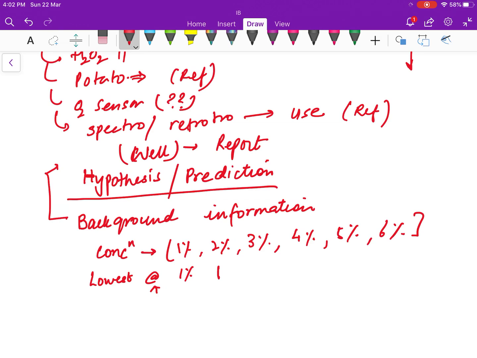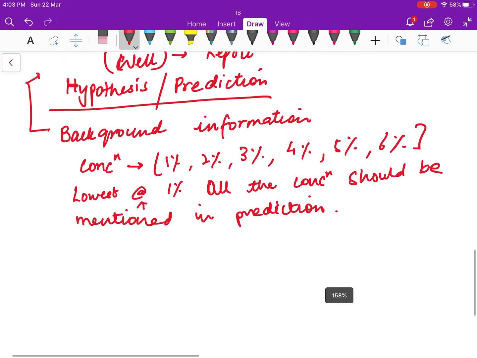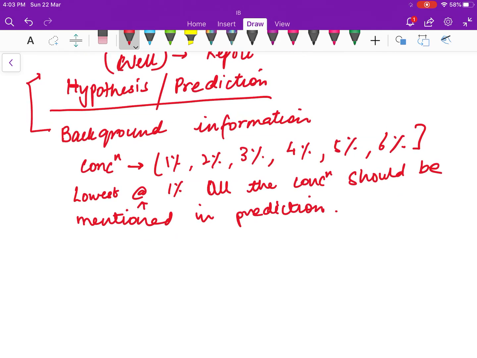So all the concentrations should be mentioned in the prediction, not only high and low. And this concentration prediction is only based on the information you have given in the background information.